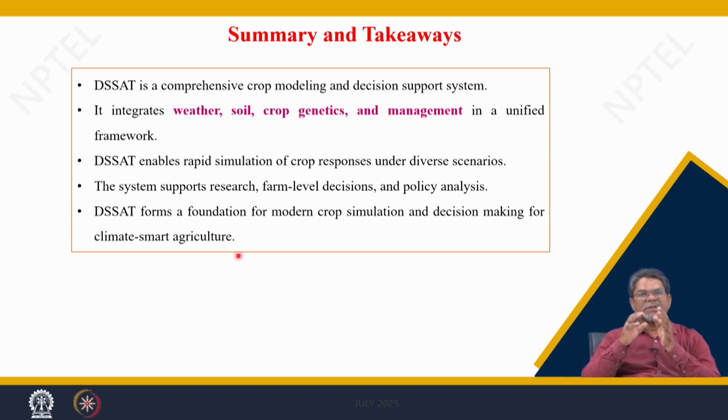That enables DSSAT rapid simulation of crop response under diverse scenarios, diverse agroclimatic zones, soil properties, field conditions and weather, so that you can optimize your management for different scenarios.